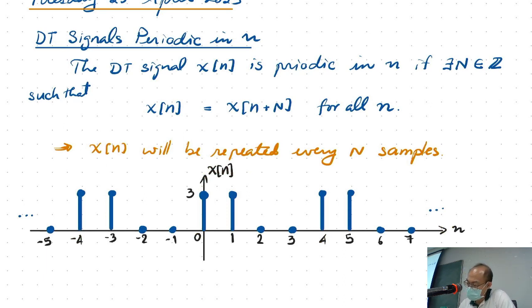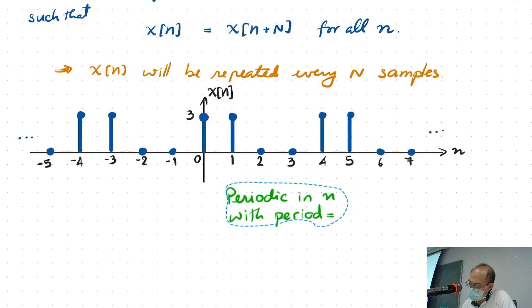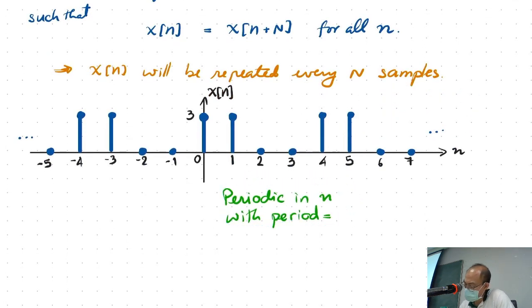So here, this signal is periodic in n with period equal to 4 samples.